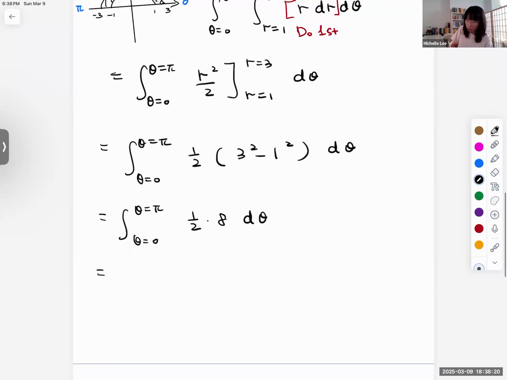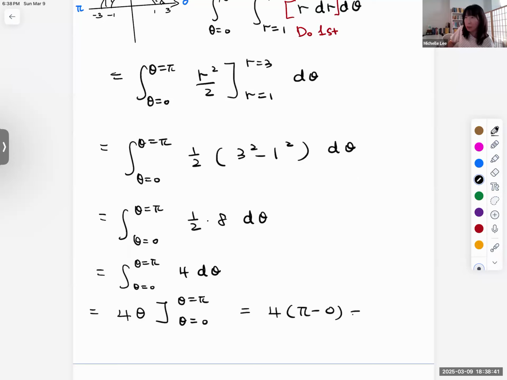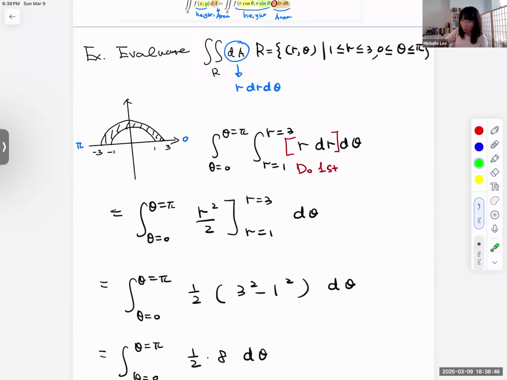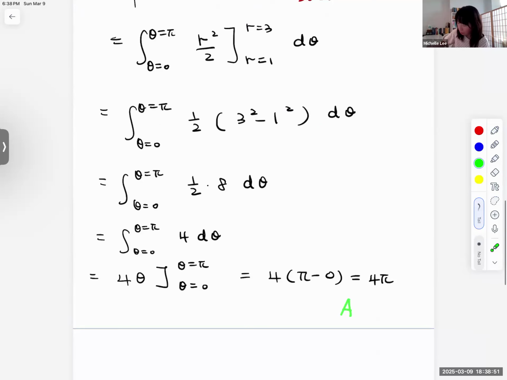So we have a 4, right? d theta. So integrating with respect to theta, we get 4 theta, right? So we want to evaluate theta equals 0 to pi. So we will have 4 pi minus 0, which is 4 pi, right? So as I told you, we don't have any function here. So this is area, right? Not the volume.